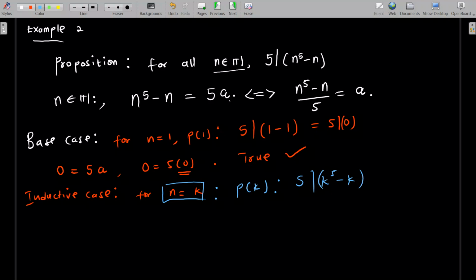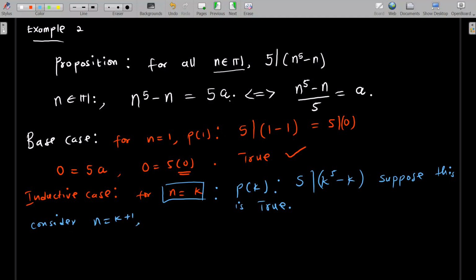We just assume that. Suppose this is true. Then what do we consider? We consider n equals k plus 1.